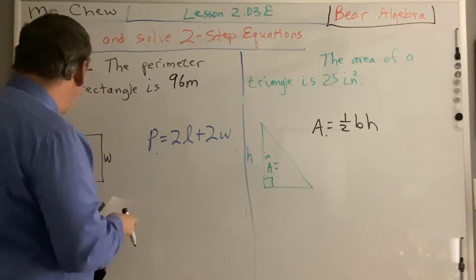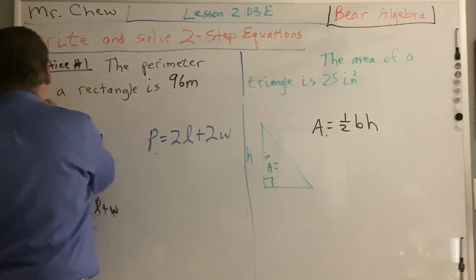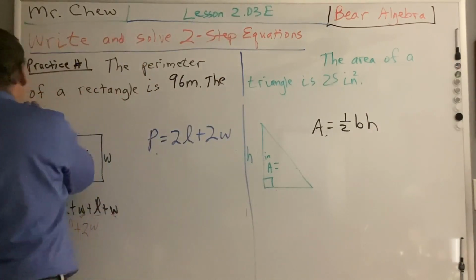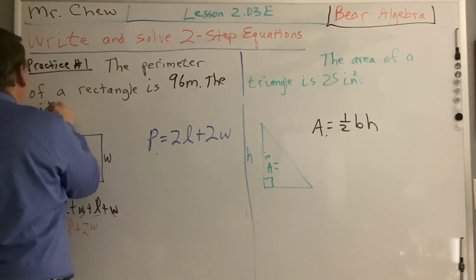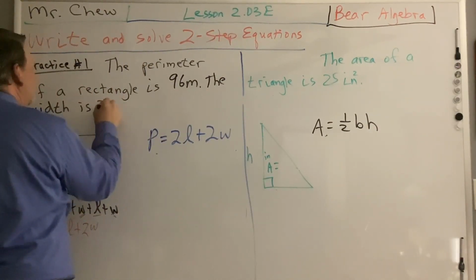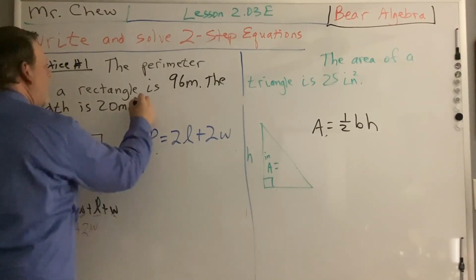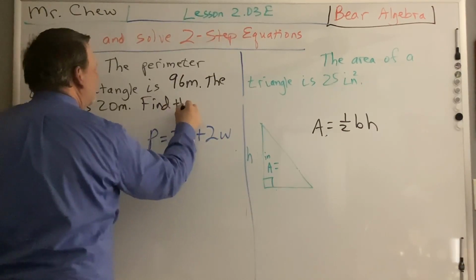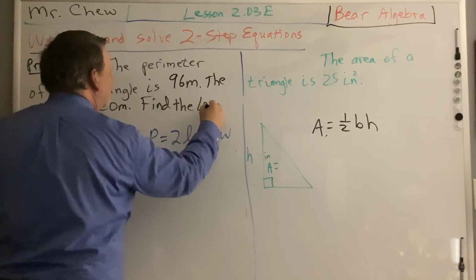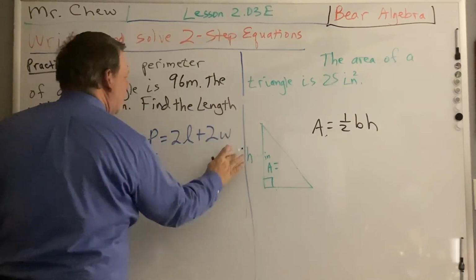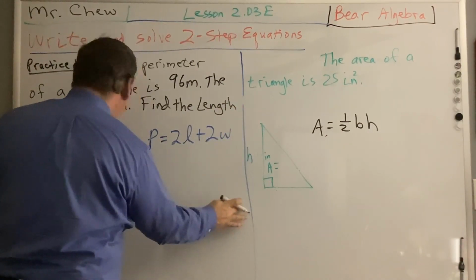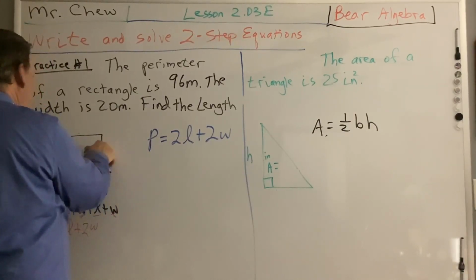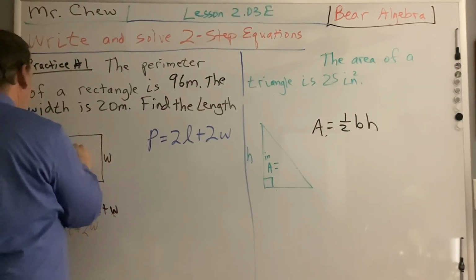And it says that the width is 20 meters. And it wants you to find the length. So you're doing it the same exact way, only now you're finding L. And we know that this is 96 meters in here.